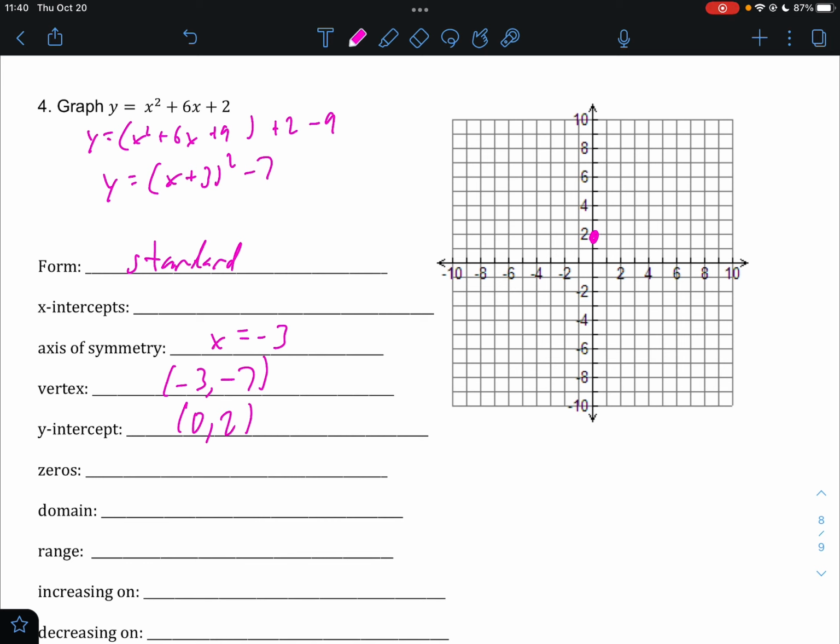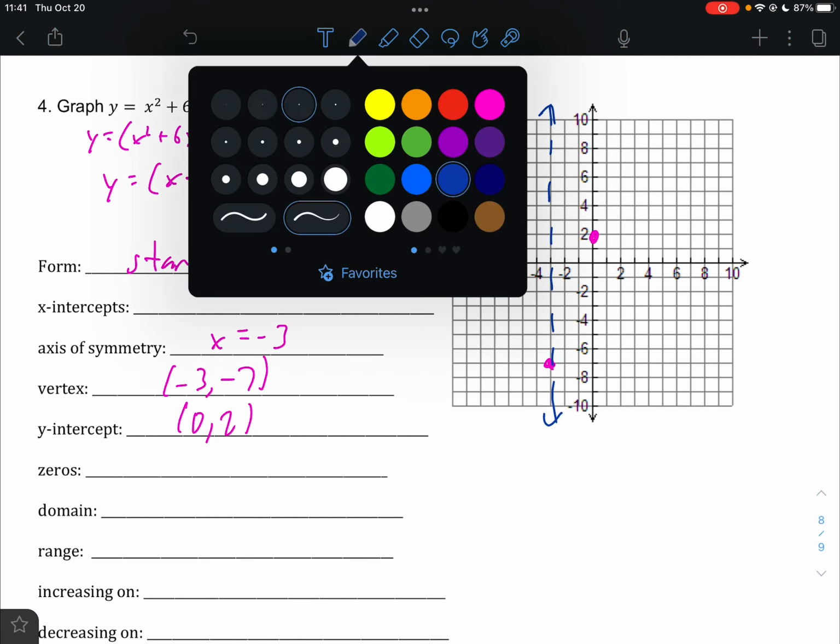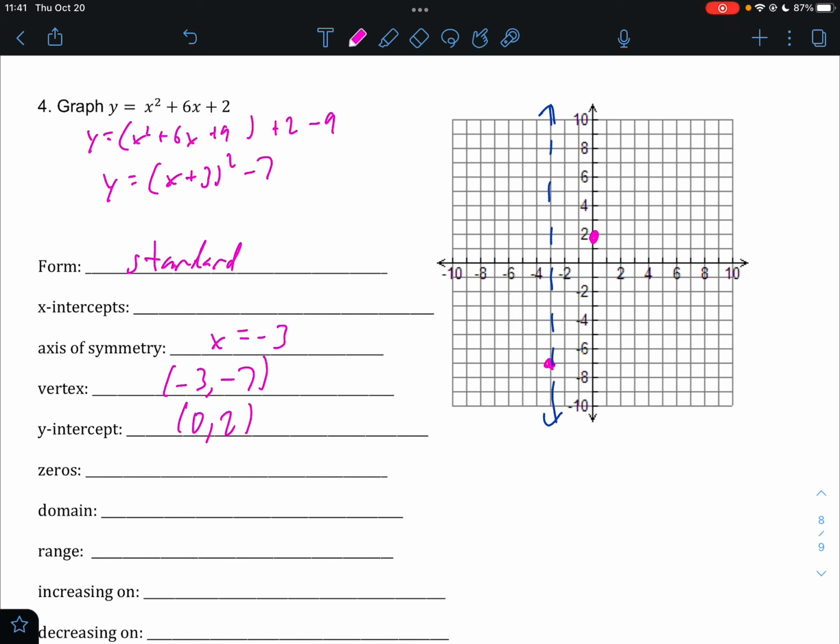All right, for our x-intercepts, well, first let's plot negative 3, negative 7 here on the graph. And let's plot our axis of symmetry. All right, so for our x-intercepts, we can either solve this equal to 0, or we can go back and do the quadratic formula again. But I'm not going to do that.